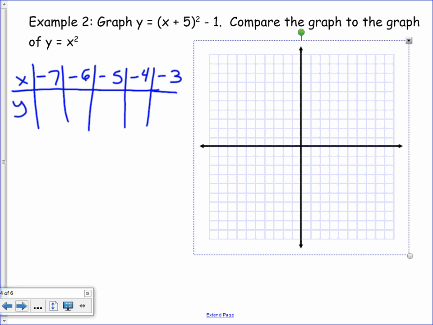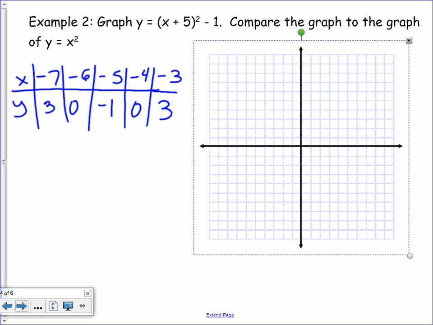Negative 2 squared is 4. 4 minus 1 is 3. Negative 6 plus 5 is negative 1. Negative 1 squared is 1, and 1 minus 1 is 0. Negative 5 plus 5 is 0. 0 squared is 0, and 0 minus 1 is negative 1. Negative 4 plus 5 is 1. 1 squared is 1, and 1 minus 1 is 0. And then negative 3 plus 5 is 2. 2 squared is 4, and 4 minus 1 is 3.